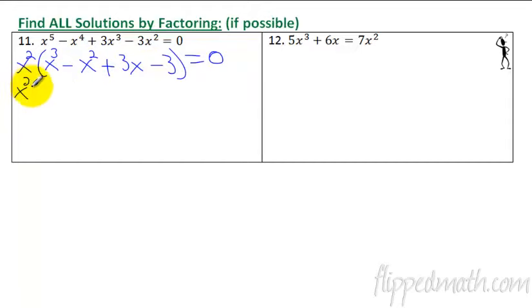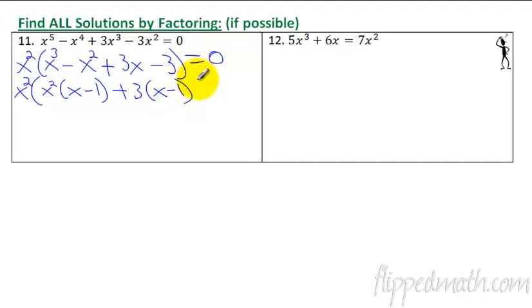So the next thing down would be, since there's 4 terms, I'm thinking here this has got to be factored by grouping. So let's take out, the first thing's going to have another x squared times x minus 1 plus, now these both have a 3 I could take out, so 3, and that's left with x minus 1.